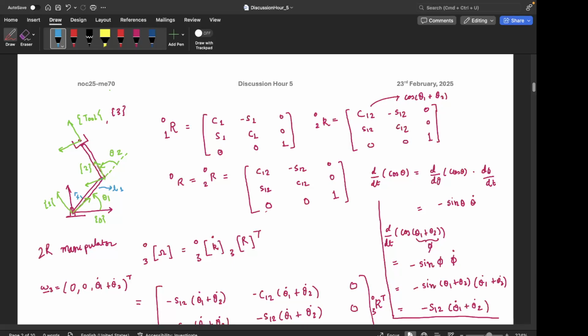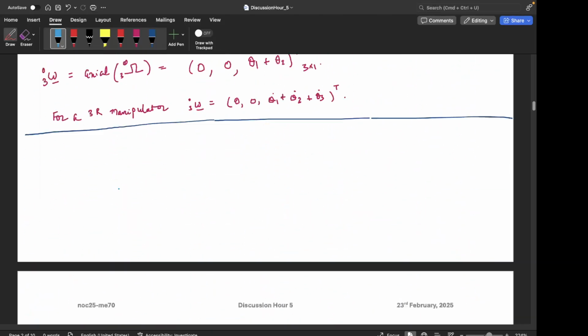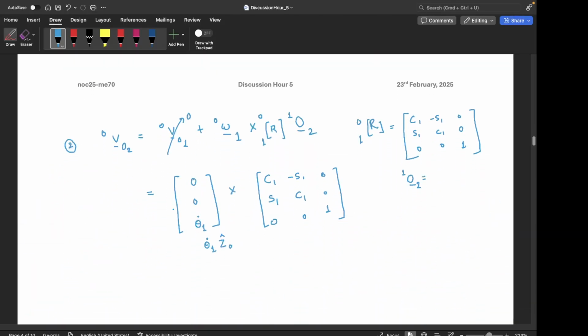I will repeat, the origin of frame 2 is at a distance L1 along the x-axis of frame 1, right? So this is L1 x1 hat, that means L1 0 0, and that's what comes here.